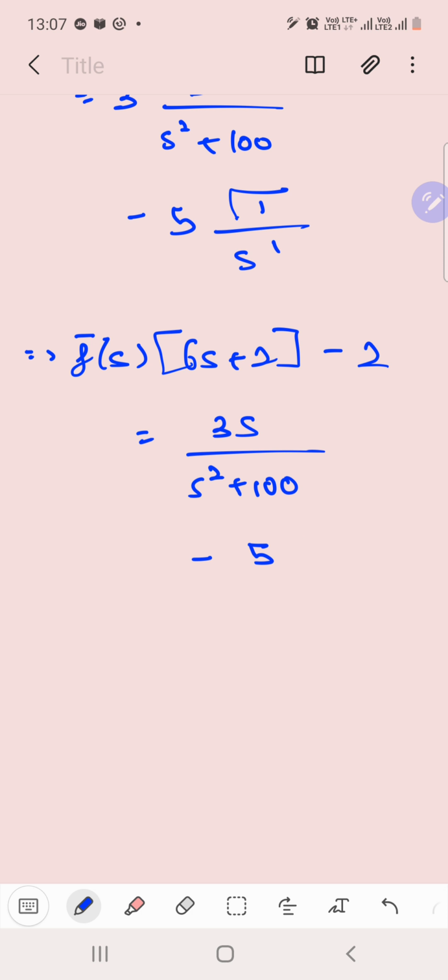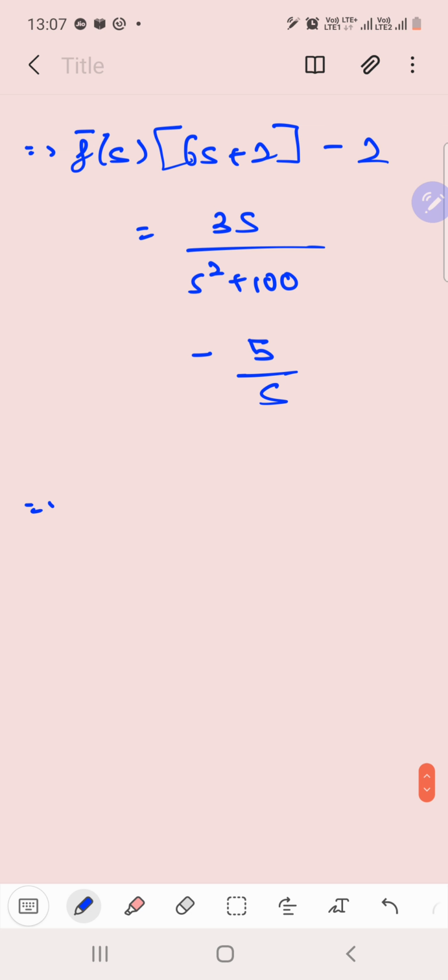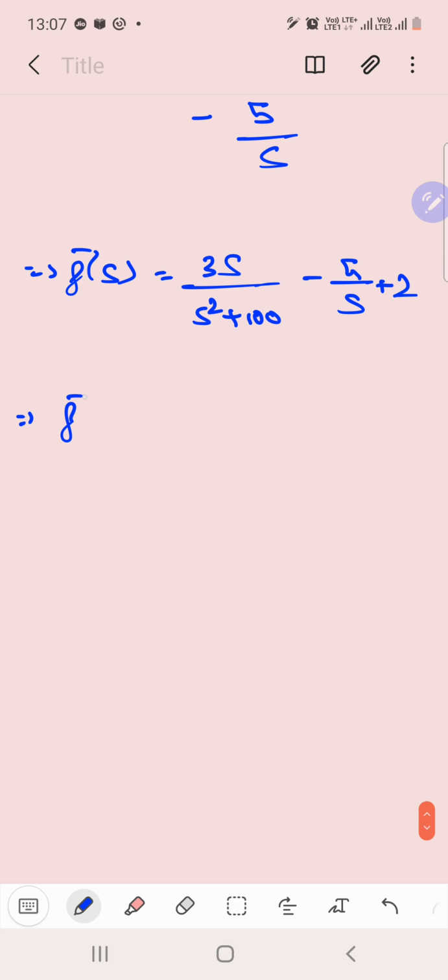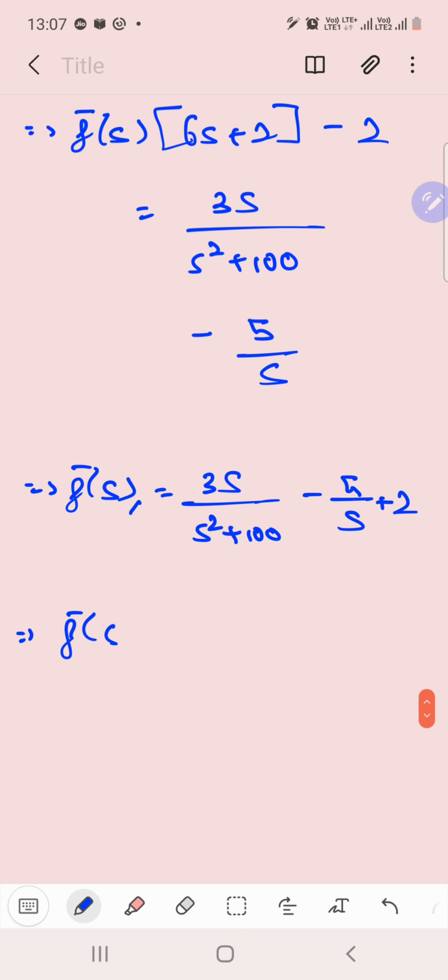Gamma of 1 is factorial 0, so that is 1 itself. So 5 over s. Clear? So from here, f bar s equals 3s over s square plus 100 minus 5 over s plus 2, and f bar s times 6s plus 2.